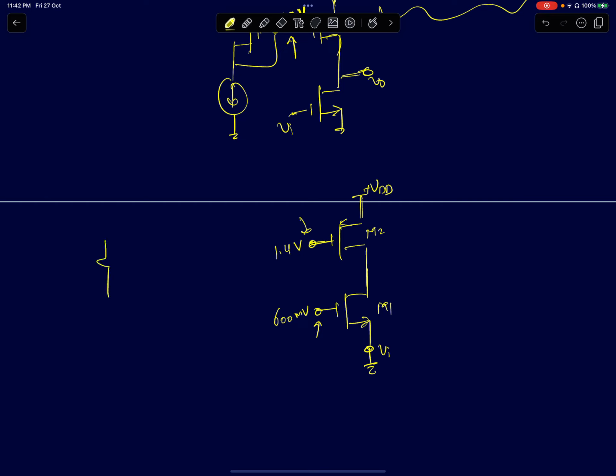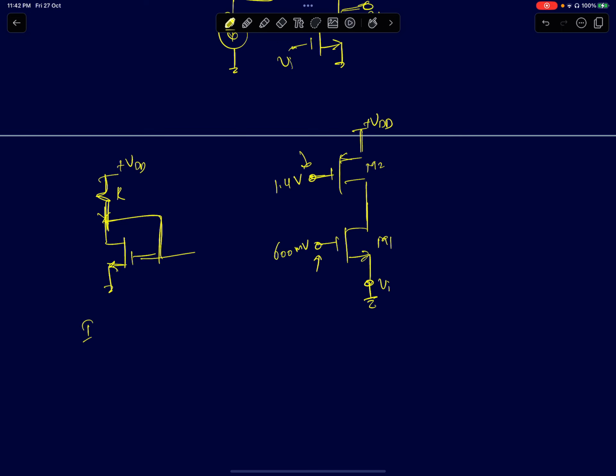One way of doing it, if I don't have current sources and have only resistors and MOS devices, is a diode connected biasing. Now the current through this device is given by I equals VDD minus VGS upon R. VGS has a square root relationship with the drain current, so you will get a nonlinear equation.